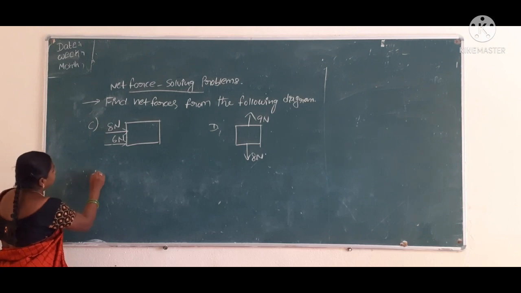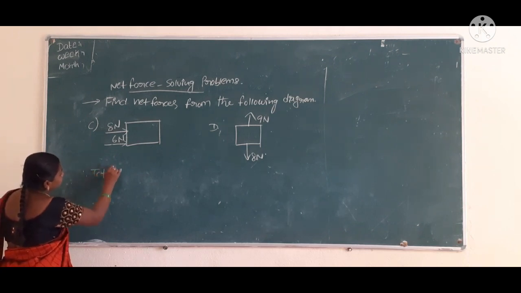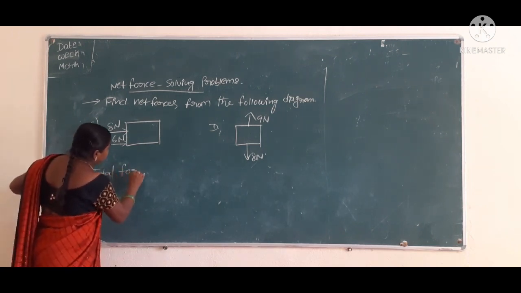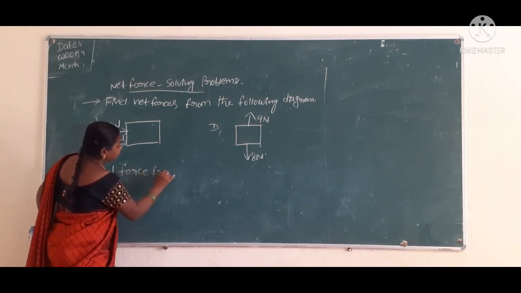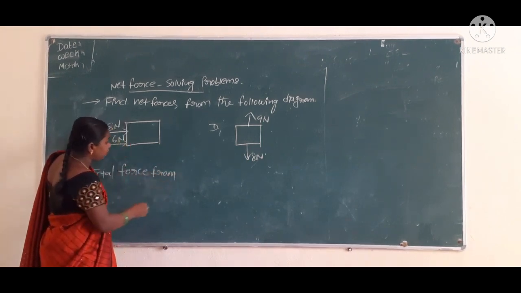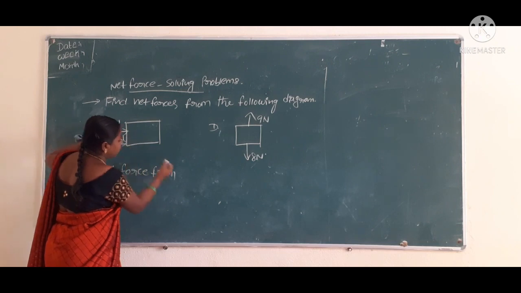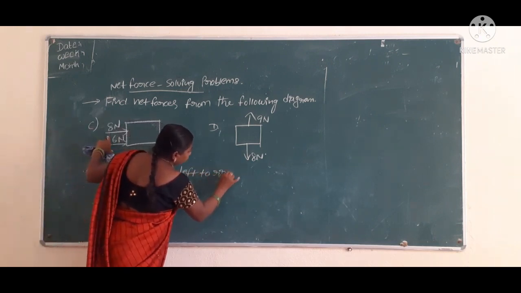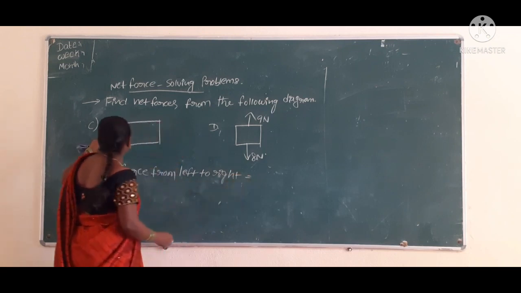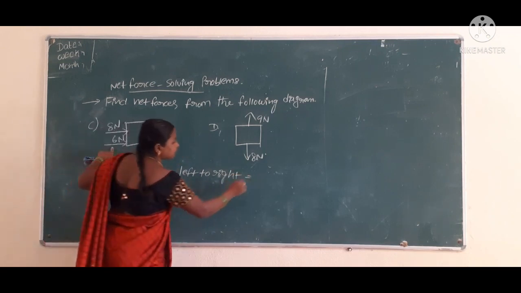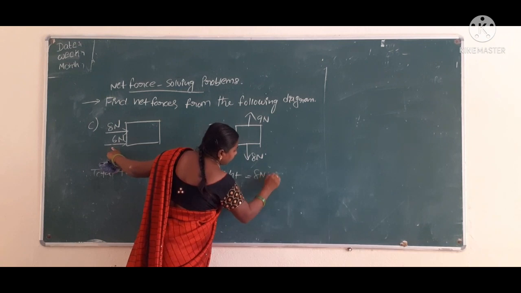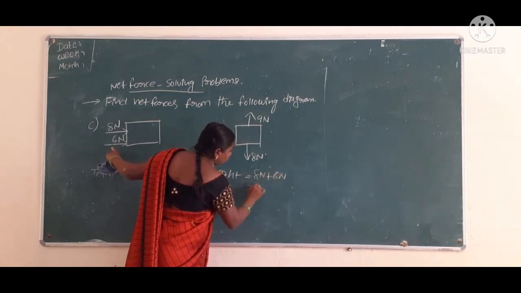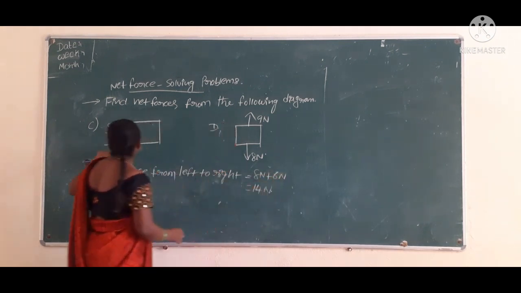So the total force from left to right is 8 plus 6 newtons, which is equal to 14 newtons.